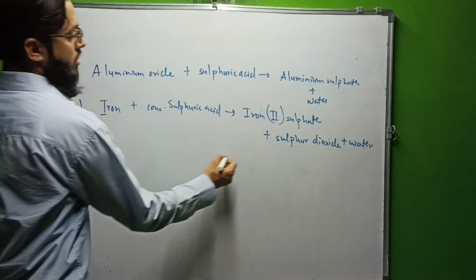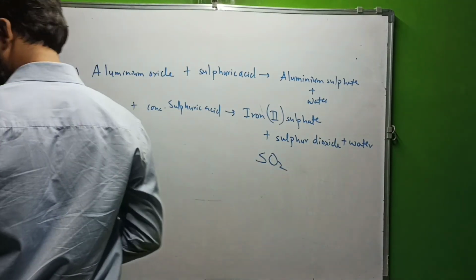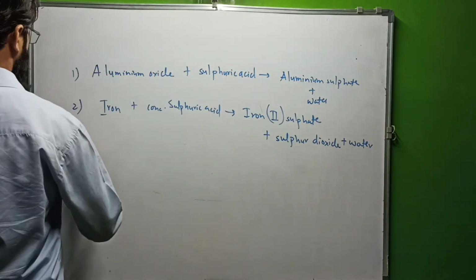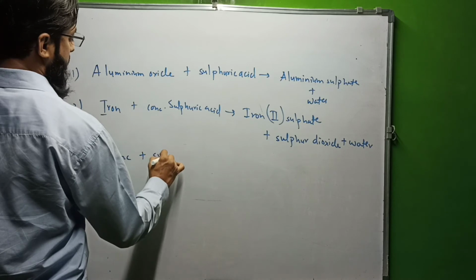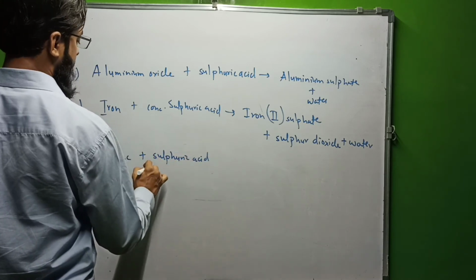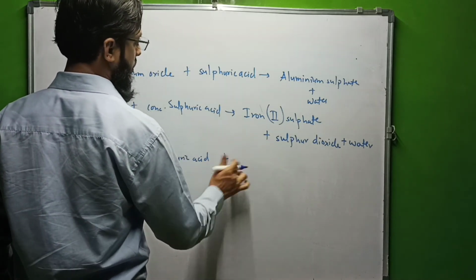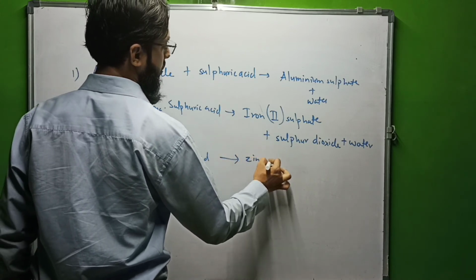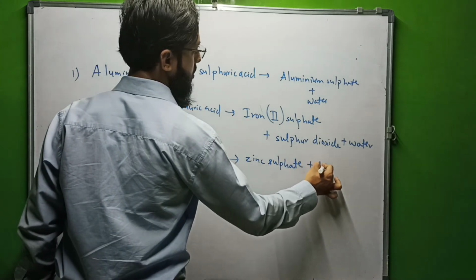Sulfur dioxide is SO2. Next, zinc plus sulfuric acid. You can take dilute or concentrated, you will get zinc sulfate plus hydrogen gas.